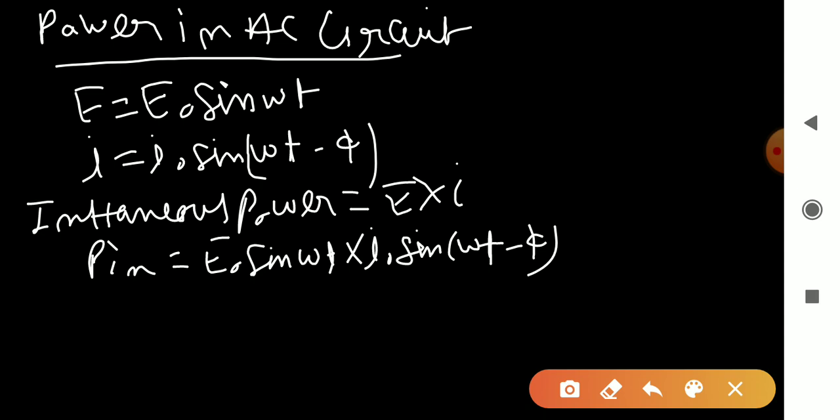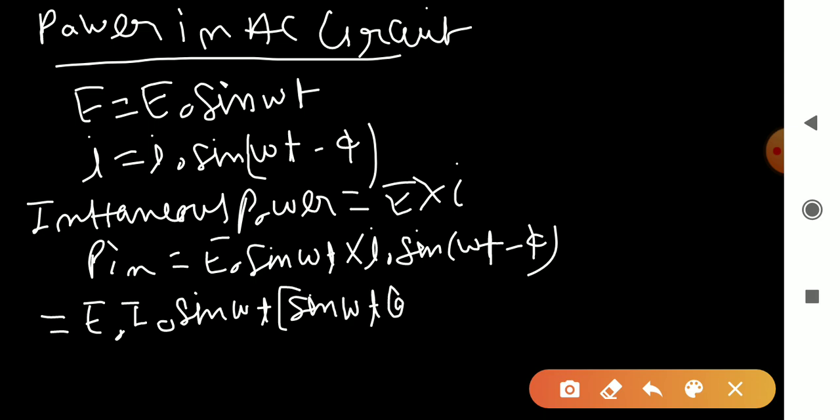On solving this equation, we have E naught I naught sin omega t into sin omega t cos phi minus cos omega t sin phi.